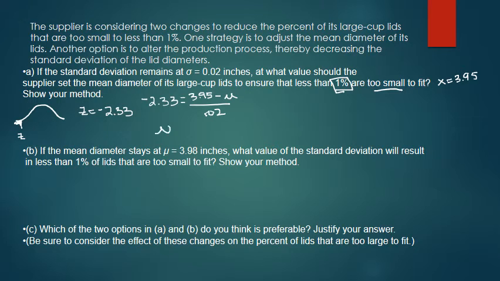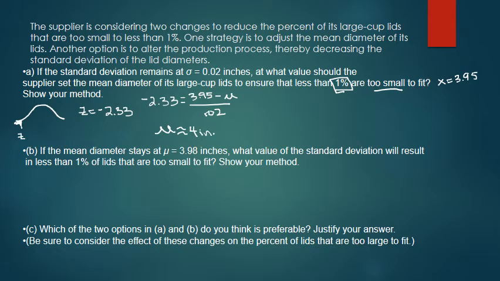So you should get the mean is approximately, it rounds to 4 inches. So what happened was the average mean now is going to be 4, but that makes sure that we have a really, really small percent that's too small.